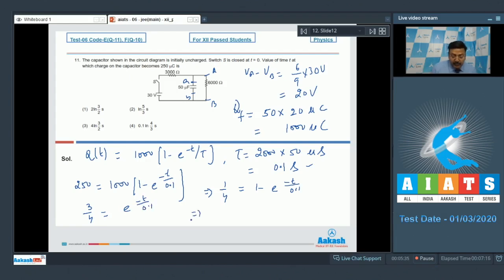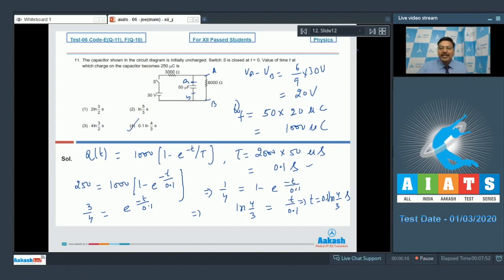If we take log on both sides, ln 4 by 3 is equal to t by 0.1, and that means the value of t is 0.1 ln 4 by 3 seconds. So the question is solved. The value of t is 0.1 ln 4 by 3 seconds, and that matches with option 4. So option 4 is correct.